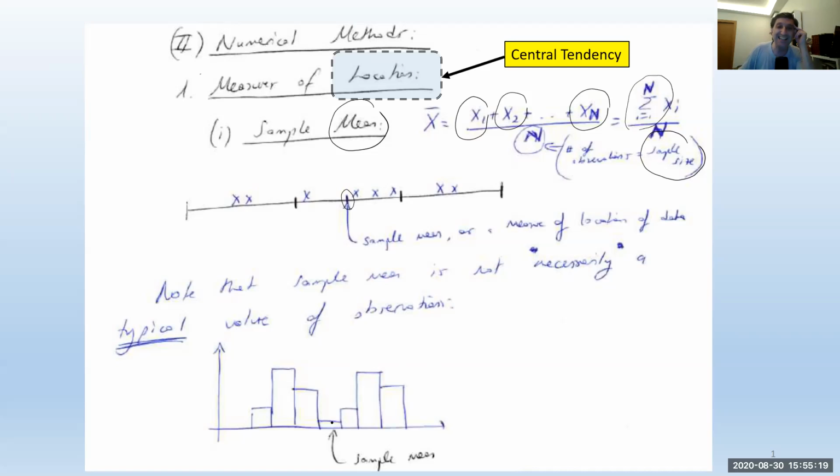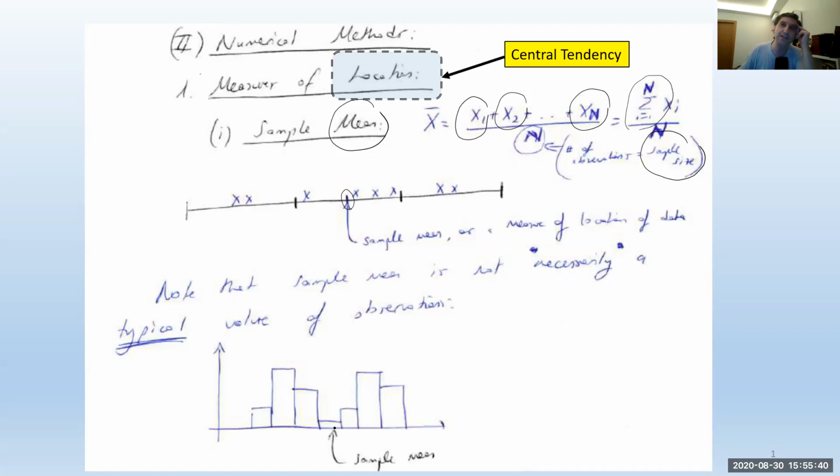So the lowest populated region, if you take the mean of all these values, this is very much like the center of mass in physics that you have learned. If you think of each of these as mass, and you take the center of mass, it's going to be somewhere here. In physics, that's okay.